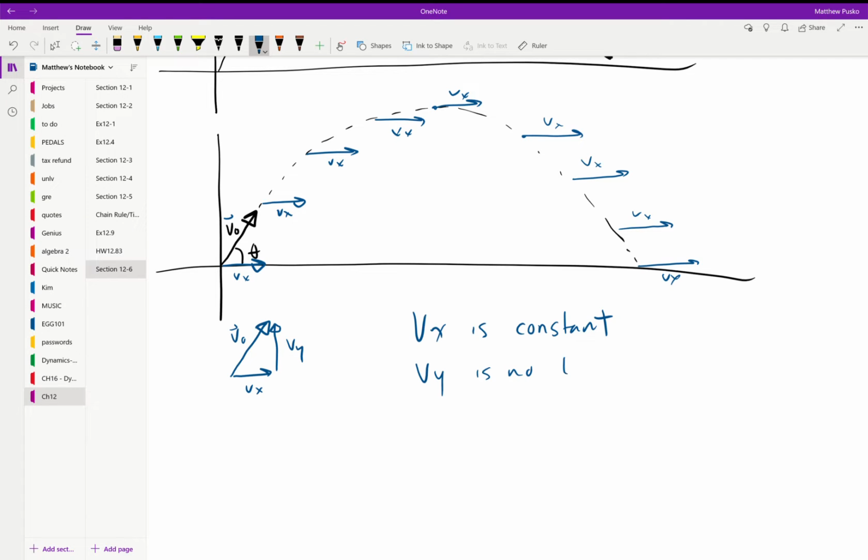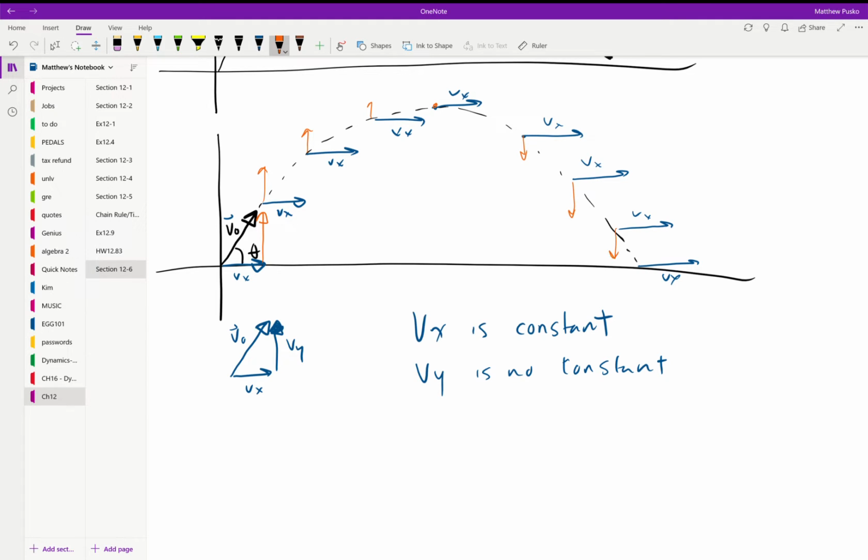That's not the case for the velocity in the y direction, though. It's definitely not constant, because the whole point of this chapter is that we are under the influence of gravity. So whatever initial velocity vector it has in the y direction, that thing is going to shrink. So right now it looks something like this. It's going to keep getting smaller and smaller until it's 0 and starts turning around the other way.